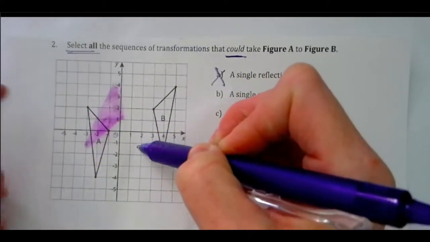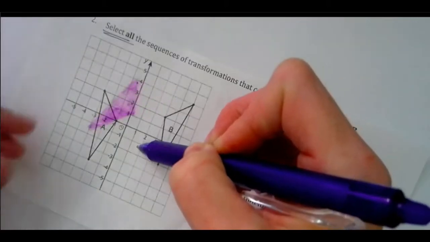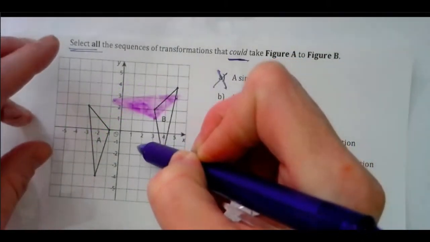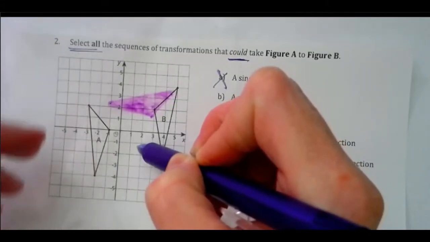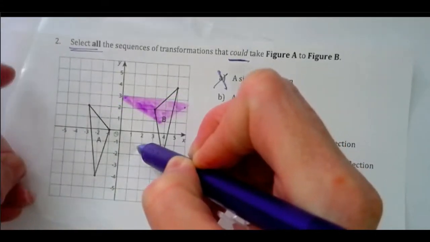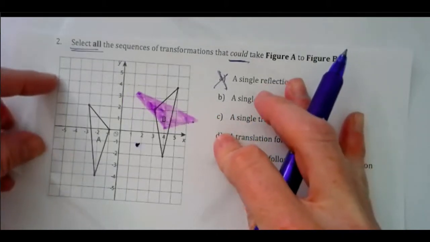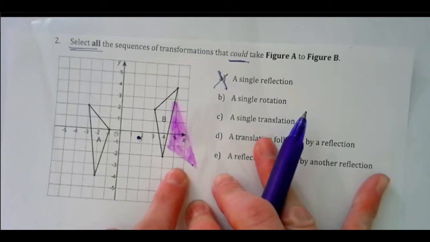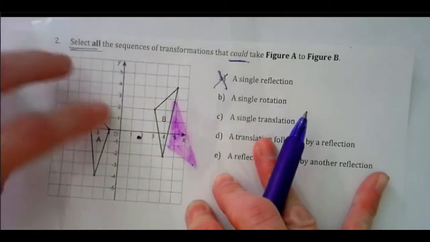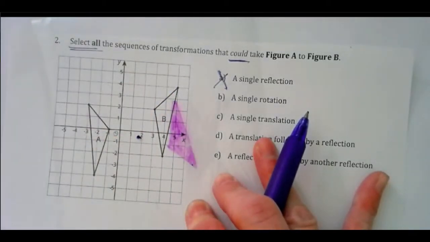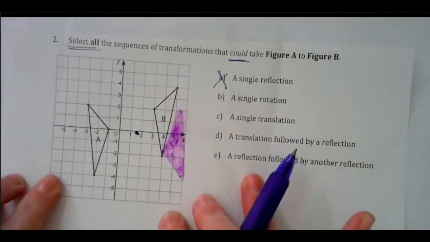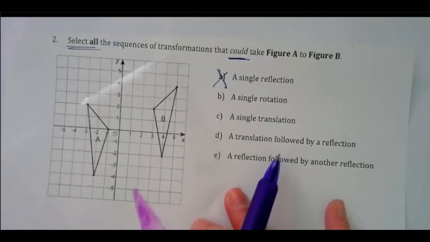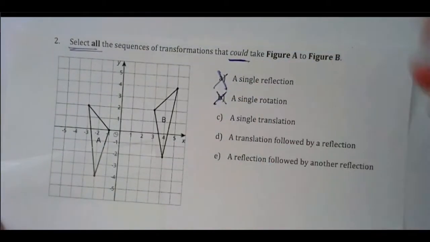When I rotate this, if I rotate 90 degrees, no matter where it's at, my shape definitely doesn't fit. But if I were to go more than 90, closer to maybe like 180, the short side is on the bottom and the long side is on the top. And in my figure B, my short side is still on top. So a single rotation is not going to get me what I need, no matter where the center is at. So a single rotation is out.